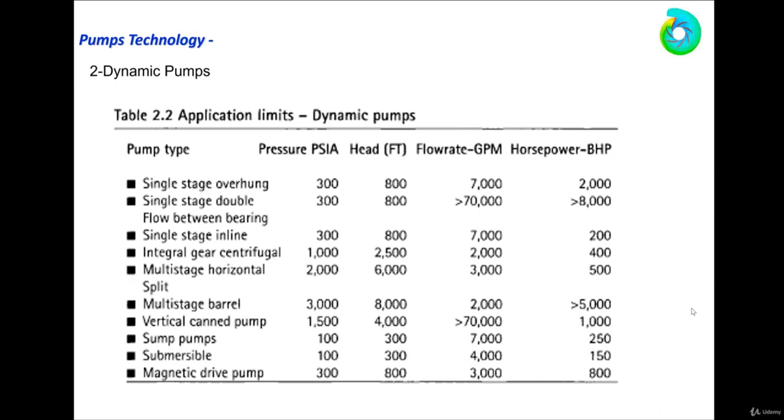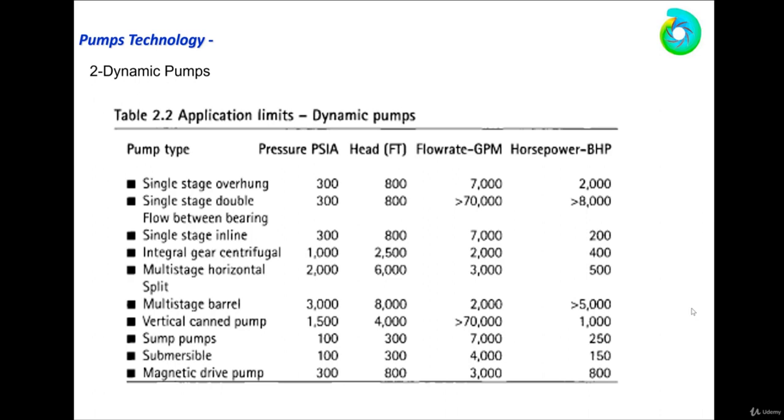And the multi-stage barrel pump is in the same way. We can see that it can accept more charge pressure and higher temperature of the liquid and lower specific gravity.